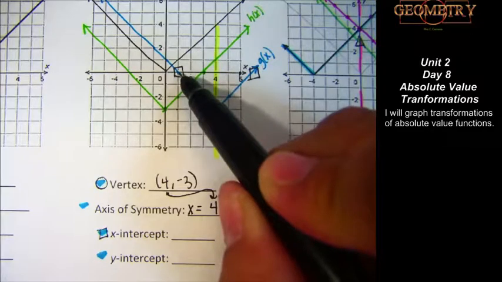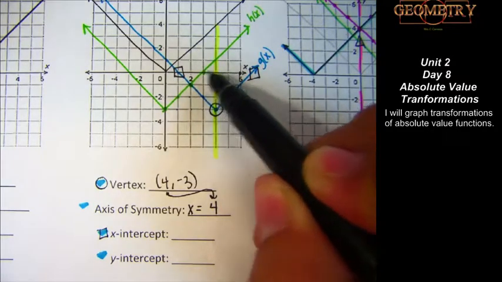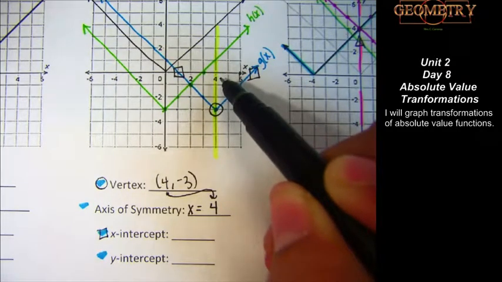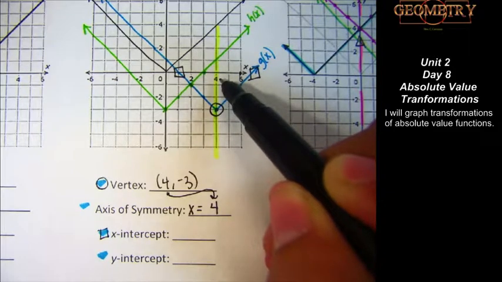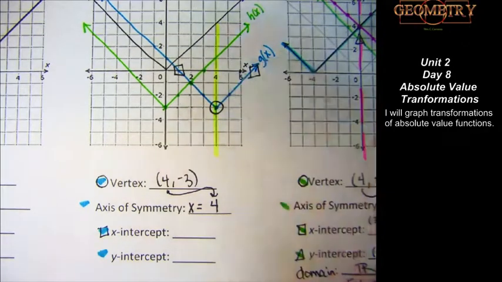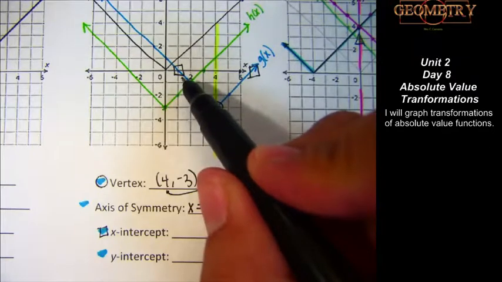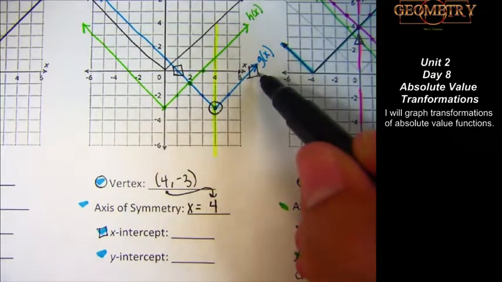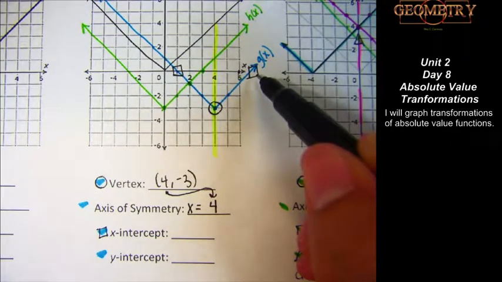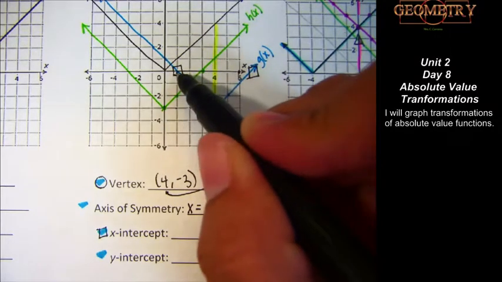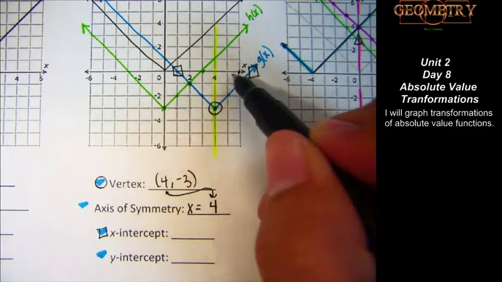This x-intercept is 1, 2, 3 units away from my axis of symmetry. My axis of symmetry is the point where it folds over, and so all of those points are the same distance away from my axis of symmetry. So if this intercept is 3 units away, then this intercept is 3 units away. 1, 2, 3.